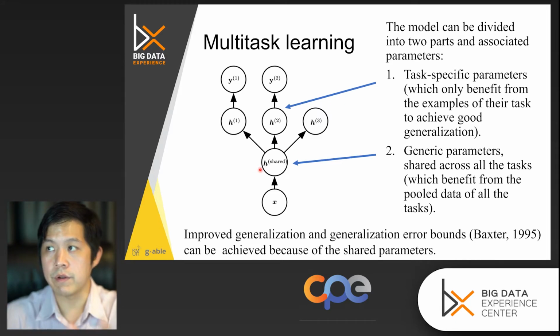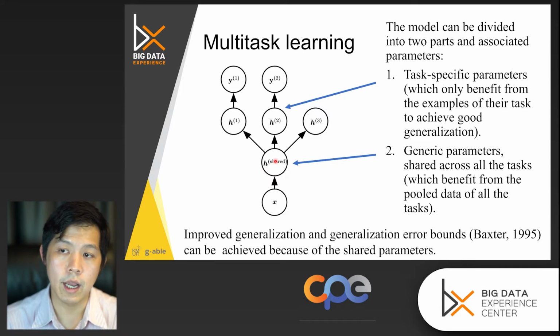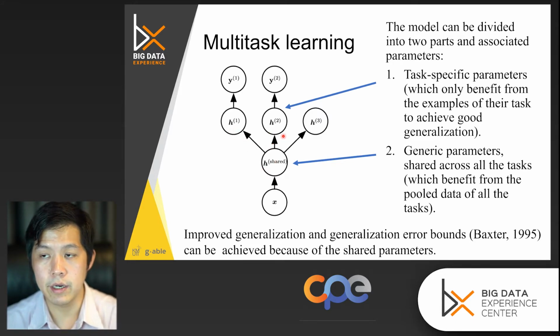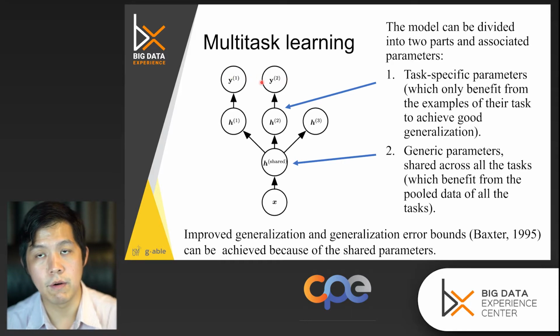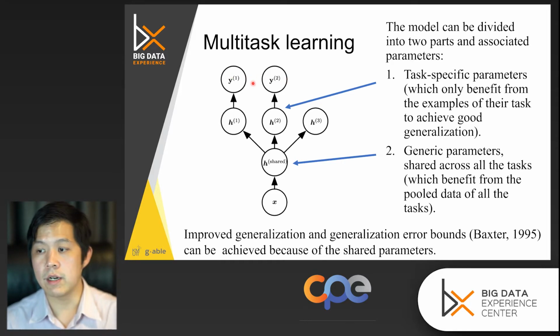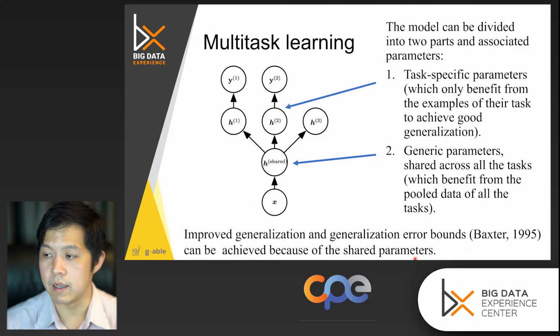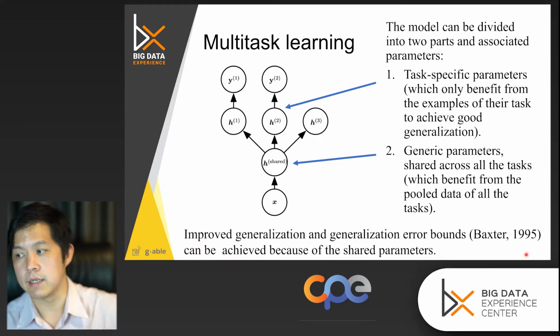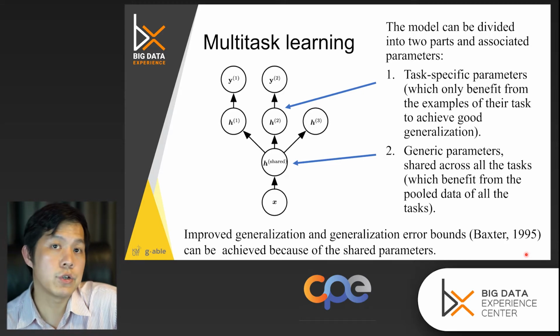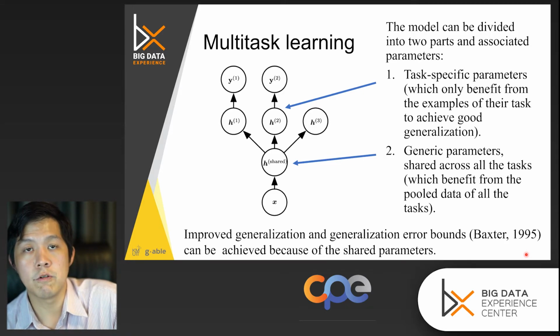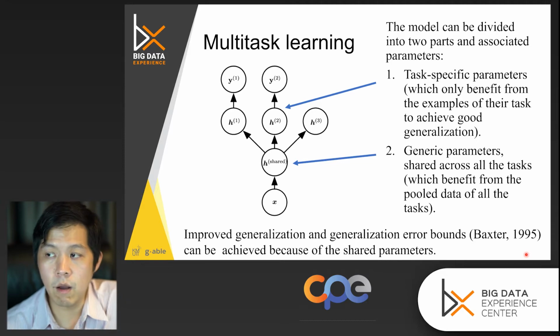So by configuring the model so that it divides the output into two heads, with multiple outputs, you can improve the generalization of the model. It was reported by Baxter in 1995 that by sharing parameters, you make the model better. An obvious example is the CNN.